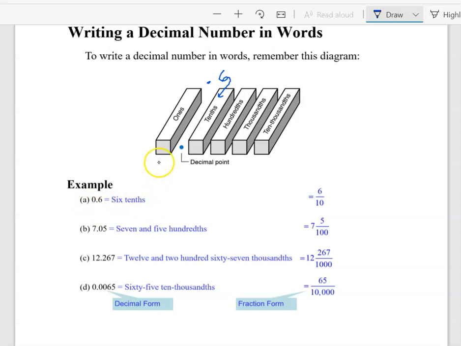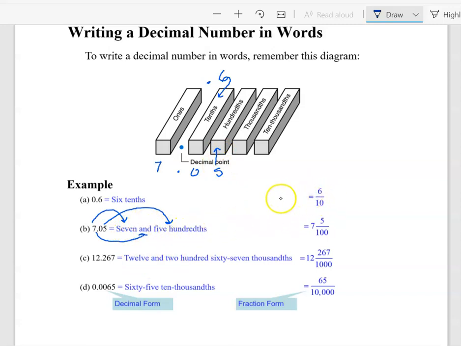Okay? The next number says 7.05. So we've got our 7. The decimal is always read as "and," and then we have 5, and 5 is in the hundredths place. So that's why we say 7 and 5 hundredths.